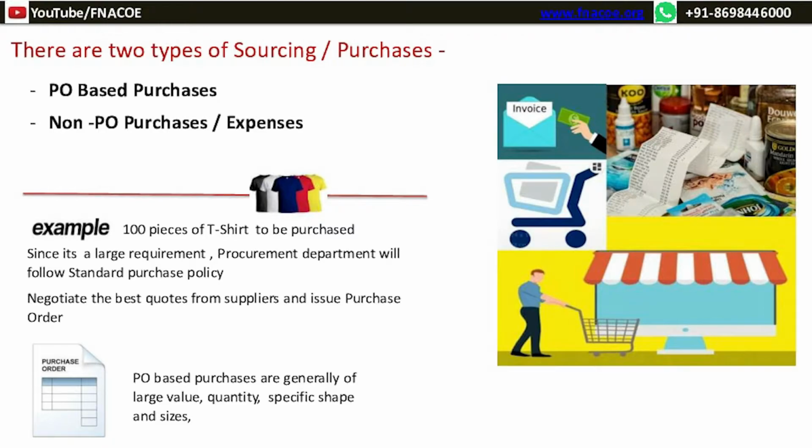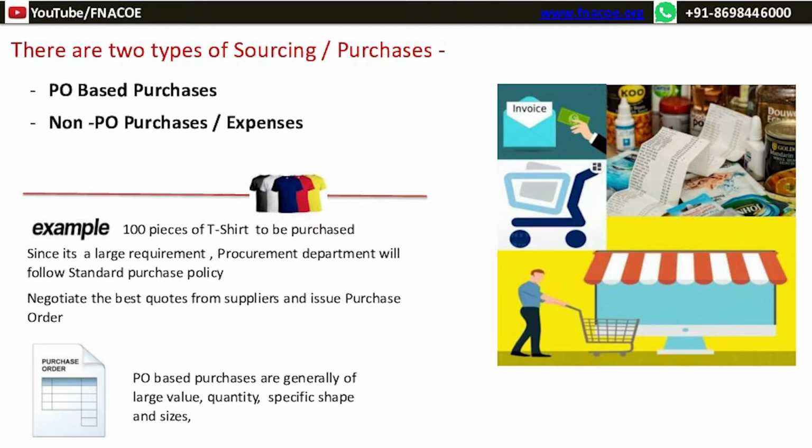In such a case, will you not go to the market and check with at least four or five suppliers on quality, standards, and rates, and decide who is offering the best price? In the same way, the procurement department will go through standard policy and procedure to make sure they get the best quotes from suppliers, and then they will issue a purchase order to purchase the 100 t-shirts required for the office staff.